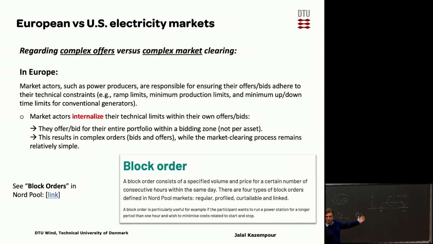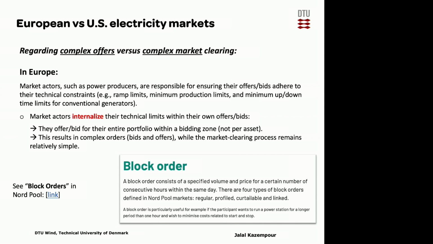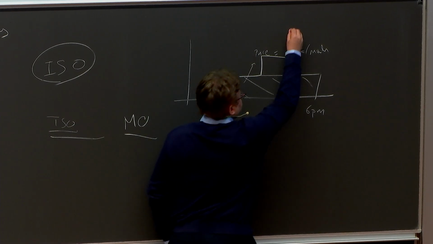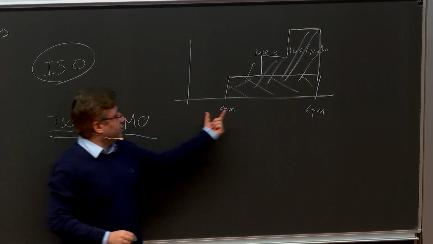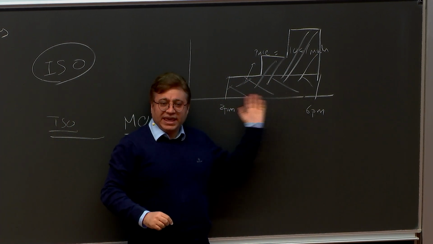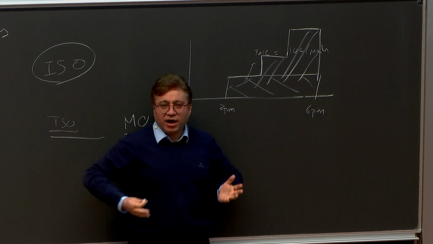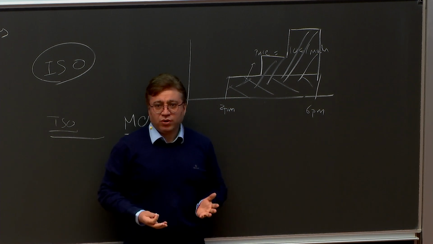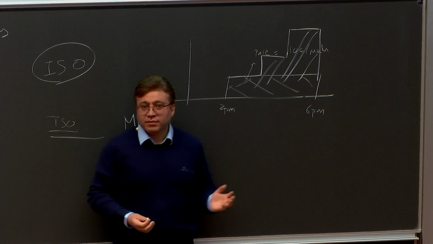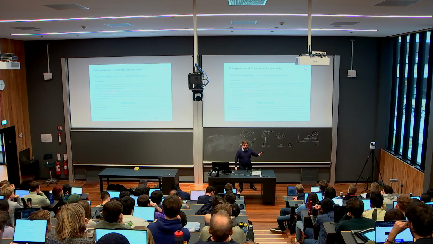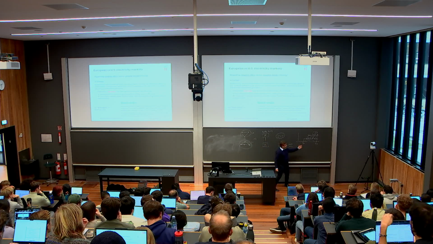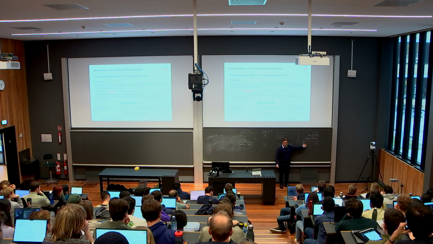This is the most simplistic way of block orders. For example, it could be something like this. It's three steps, but again, it's a package. Either the market operator accepts everything or declines the whole bid. Okay? So why do we do that? Why do Nord Pool and other market operators in Europe allow these block orders?